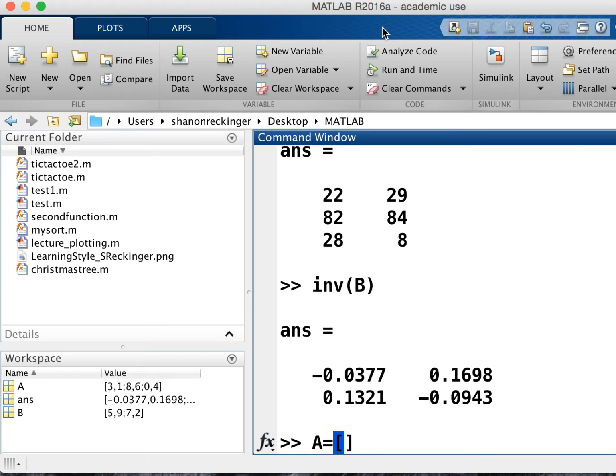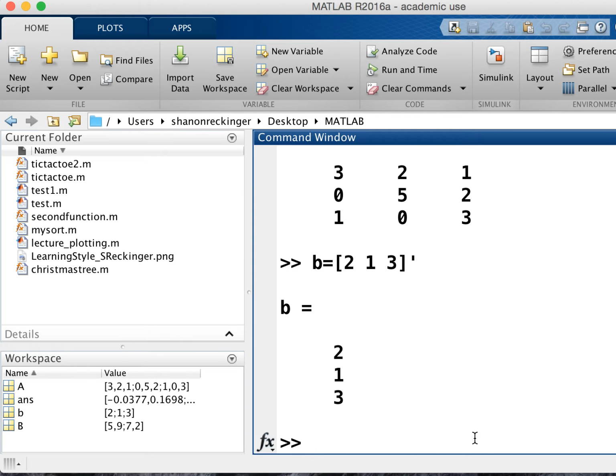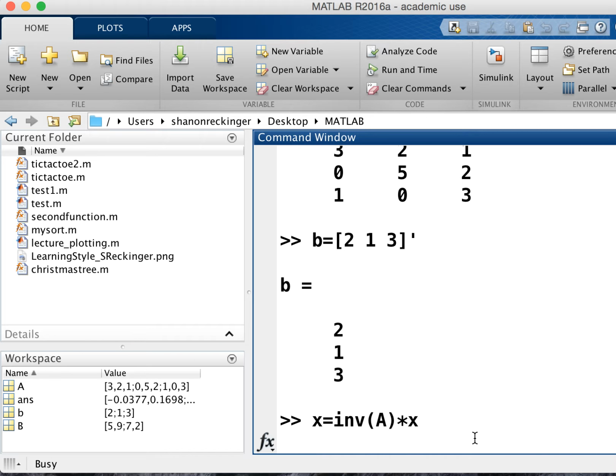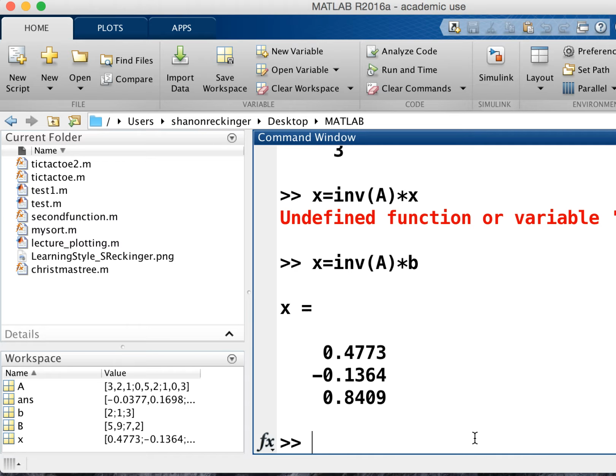So if I set these two matrices up, here's my A, a 3 by 3, and my B is going to be 2, 1, and 3. So if you want to solve, you just do inv of A times B. And that will solve for all your unknowns.